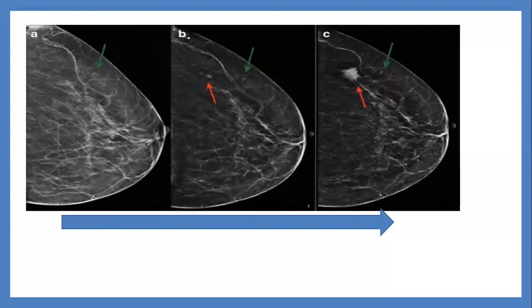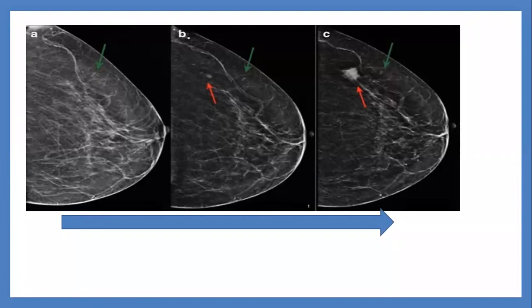It's a spiculated mass. On the middle mammogram, I will describe it as a round opacity not seen in the previous one, increasing in size.